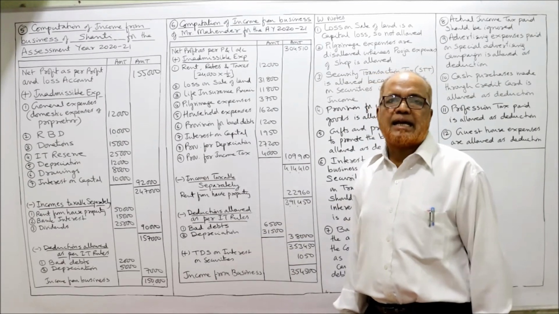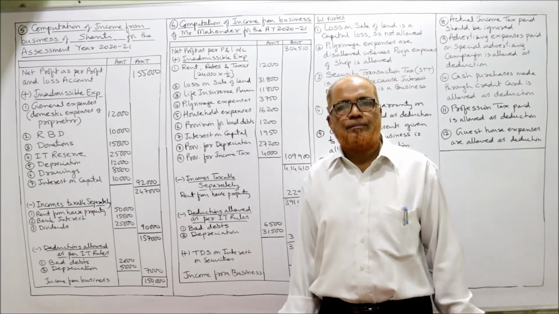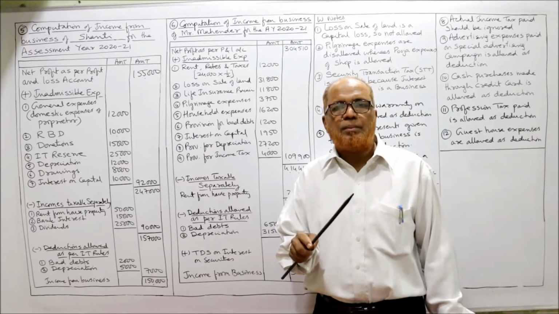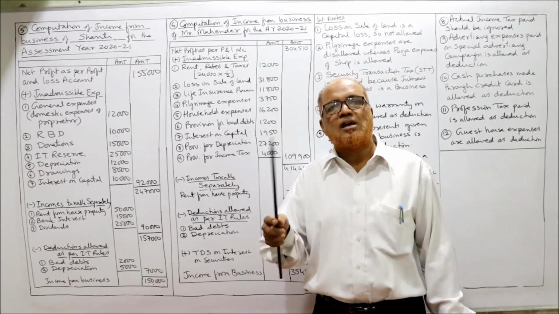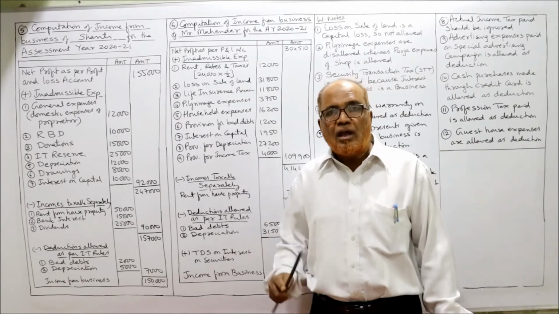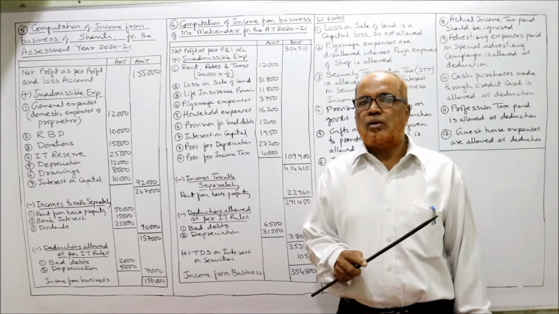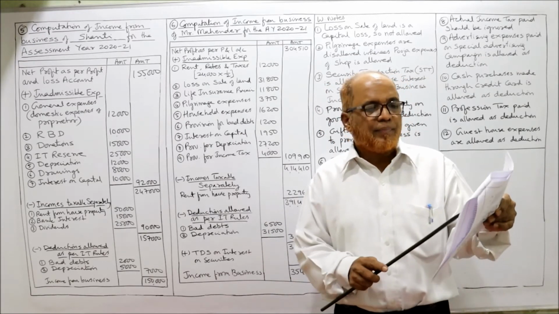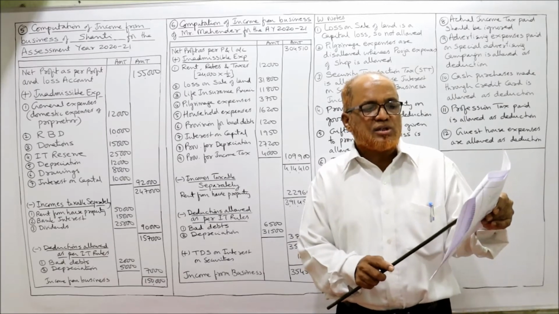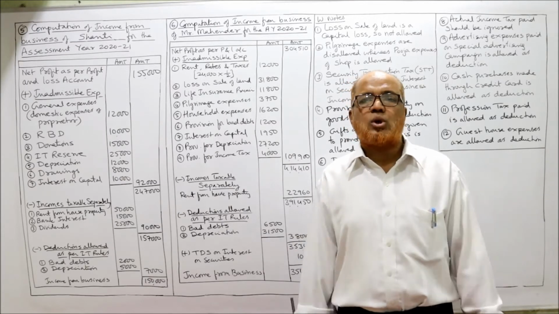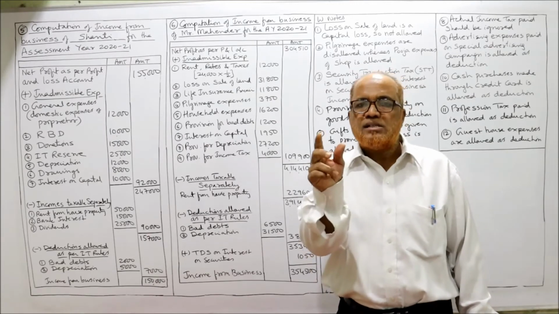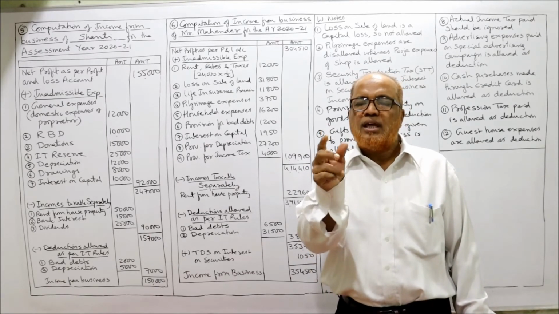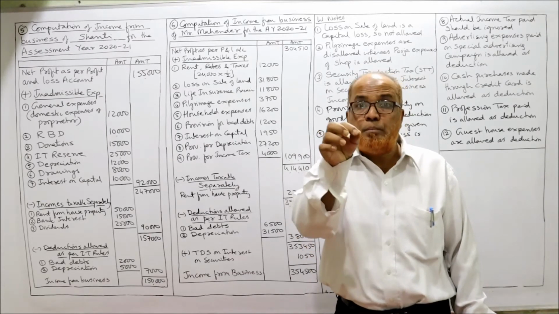Security transaction tax, STT. Security transaction tax will be applied whenever securities are bought and sold. Now we have to see interest on securities. On the credit side, you can see interest on securities. Securities are part of stock. When securities are part of stock, then interest on securities is a business income.